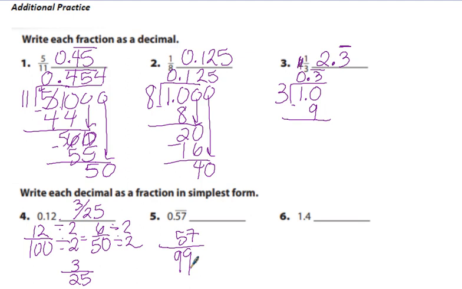It looks like maybe it reduces by 3, 5, so 7. Yeah, so we actually can reduce by 3. If you didn't catch that, don't worry about it. That one's a little tricky because of the 57. We don't know that. We do know 99 because we know 9, so this gets me 33. And by the way, this is 19.